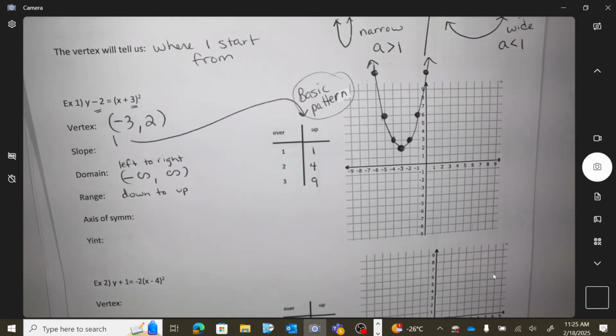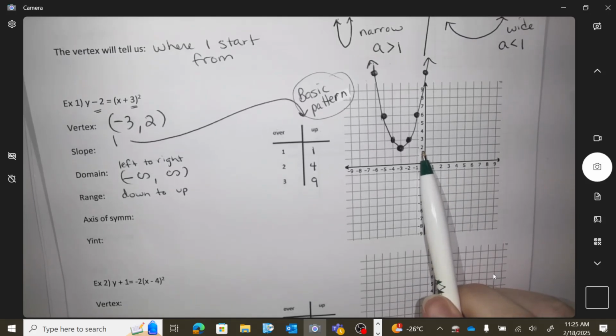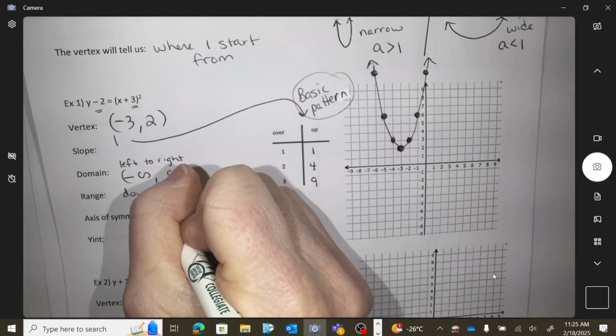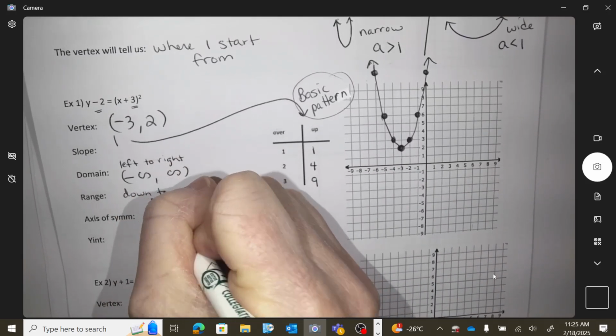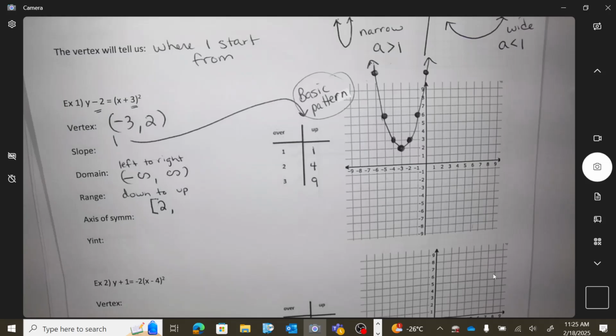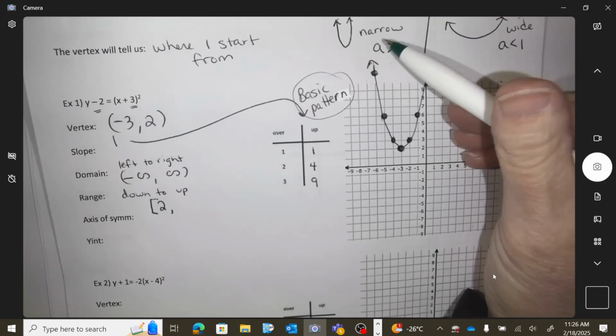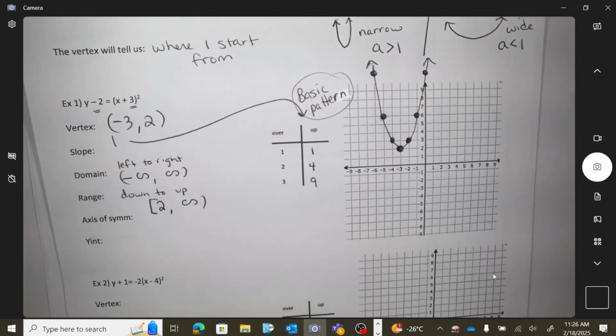Height. You got to think of heights, which are y values, right? Would we agree that it's going to be 2? And I'm going to put a square inclusive bracket on that because it's exactly. From 2 to highest, and that looks like it's going to go up, up, up, up, up.